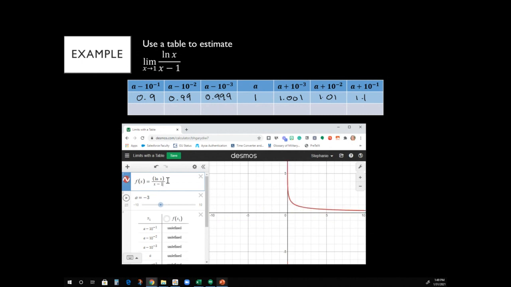So we've got the natural log of x over x minus 1, and now we're interested in 1 here. Again, it's another one where it's going to be undefined, so we have to guess where that value is. And just looking at the table, I would put 1, because we've got things above 1 here, below 1 here. 1 seems like the natural filler for this missing piece where it's undefined.